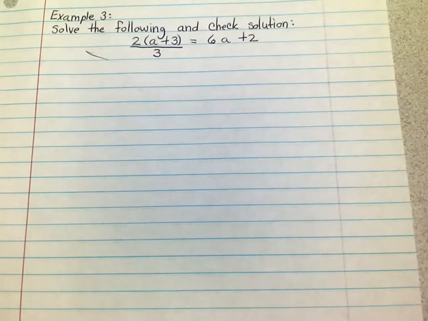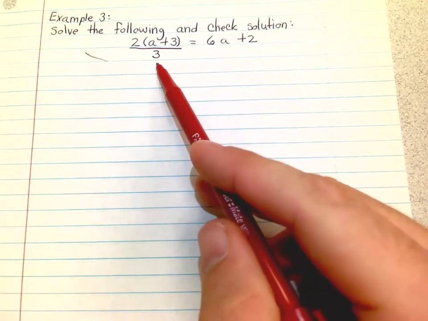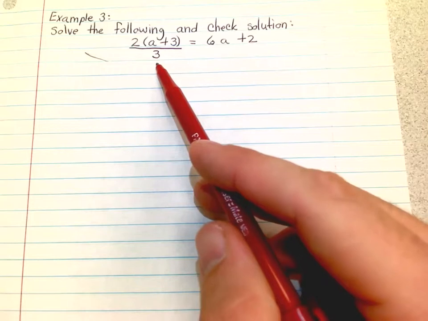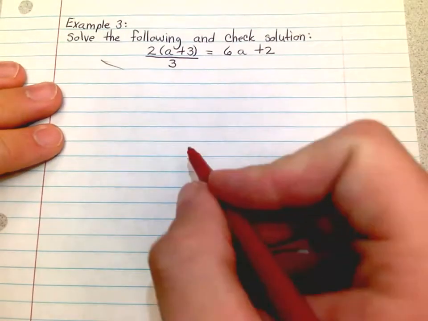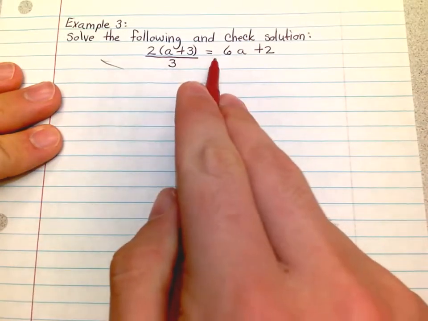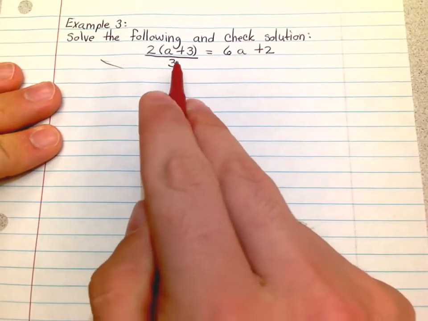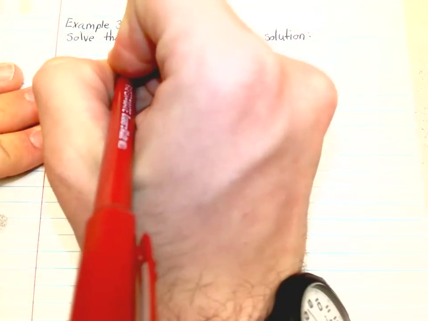So we have to free that left side of that 3 so we can start working with stuff. And the way to take care of that is to use those rules we were just looking at. If we multiplied 3 on both sides, we would free the left side of the 3 on the bottom, that denominator.